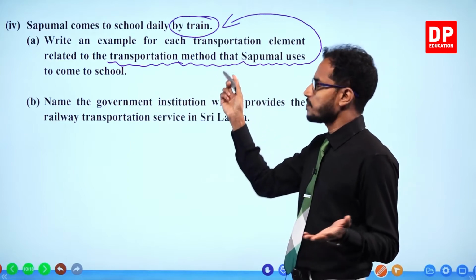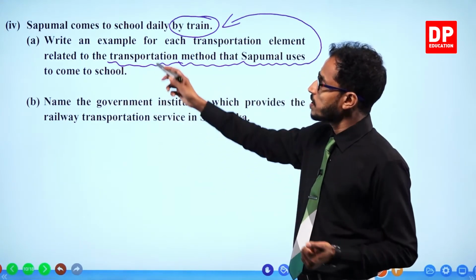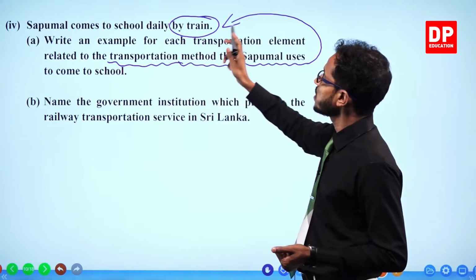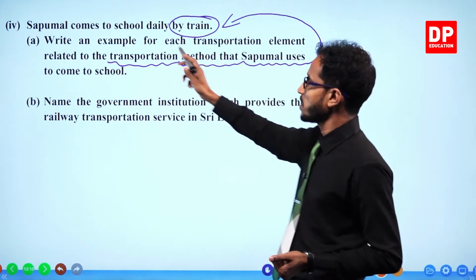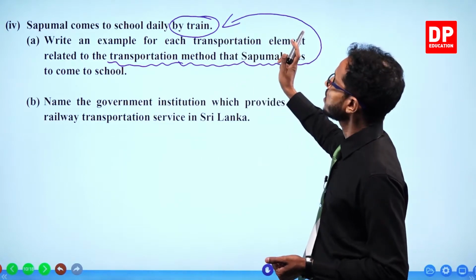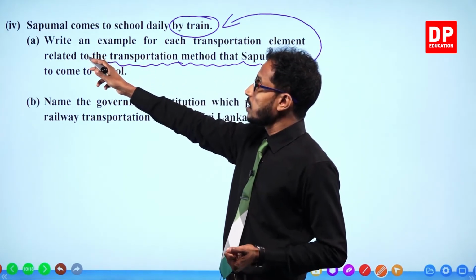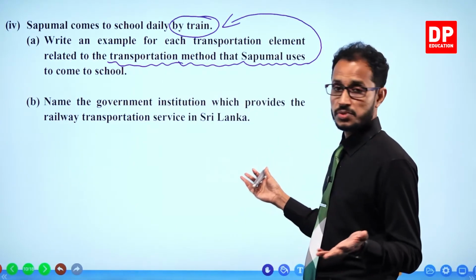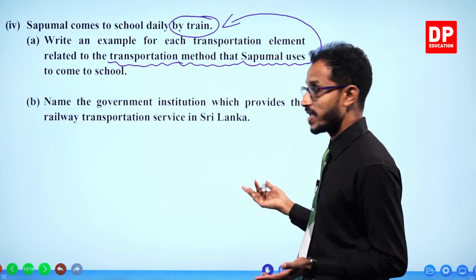They are asking an example for each transportation element related to the transportation method. We know the transportation method is train.